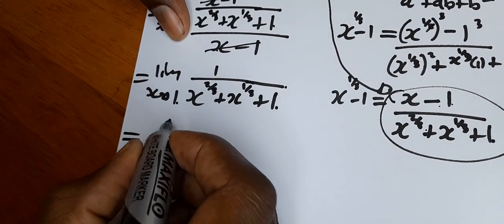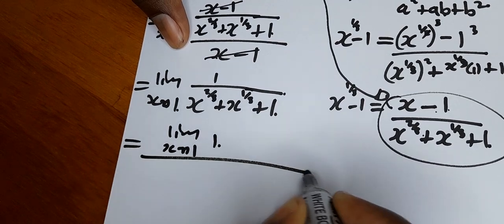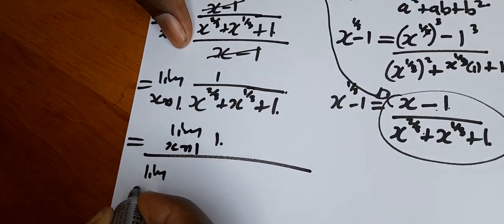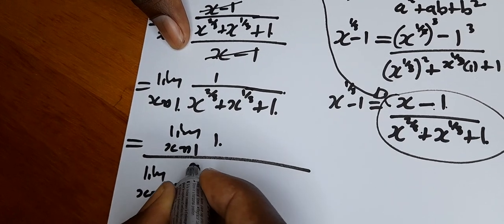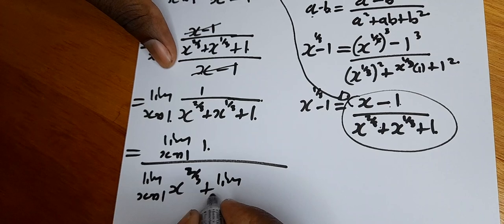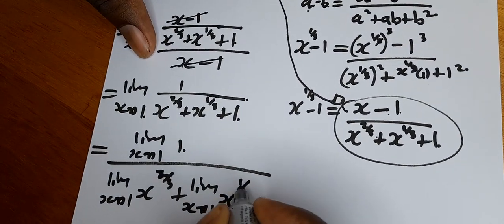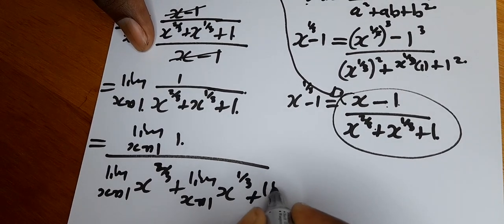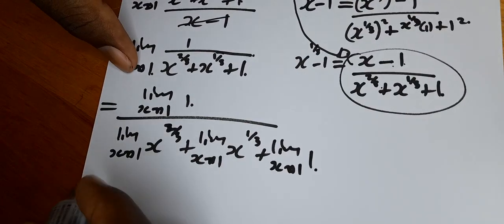This is equal to the limit when x approaches 1 of 1, all over the limit when x approaches 1 of x to the 2 over 3, plus the limit when x approaches 1 of x to the 1 over 3, plus the limit when x approaches 1 of 1. Then now we substitute.